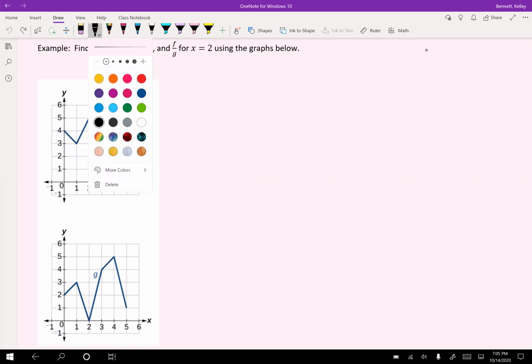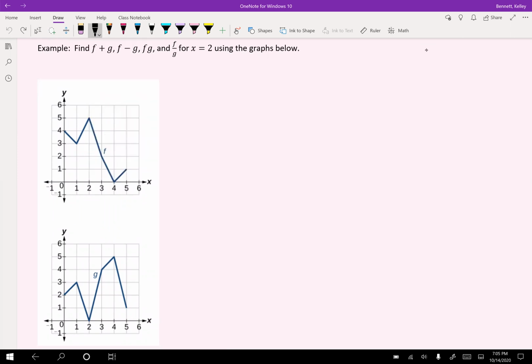So to do it pointwise, we know that f plus g of x is equal to f of x plus g of x. And so we want to evaluate f plus g of 2. That's going to be f of 2 plus g of 2.